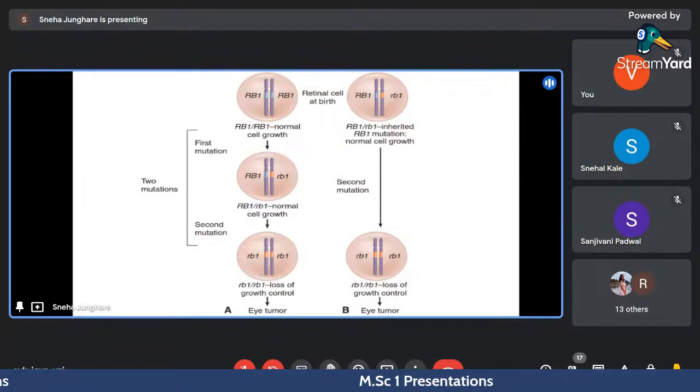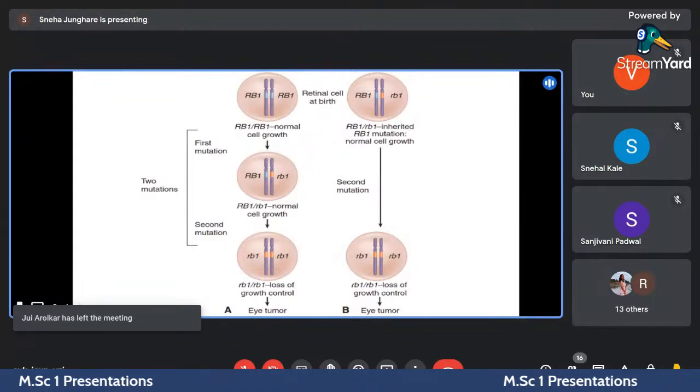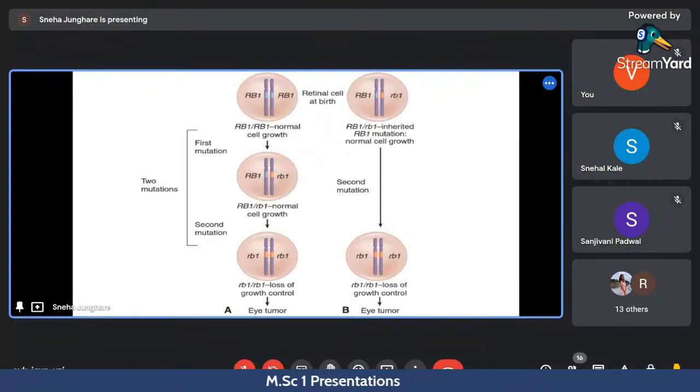Here, one retinoblastoma gene is mutated. The cell growth is also normal after the first hit, but the second hit mutation gives rise to the homozygous genotype, which results in loss of growth control and leads to a tumor of the eye. This type of cancer is very rare.